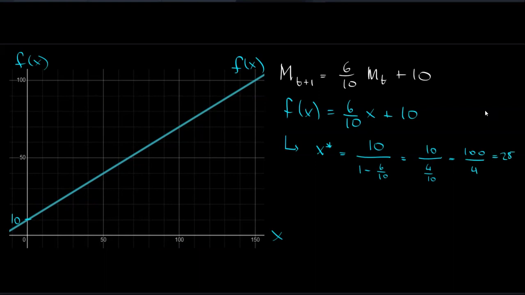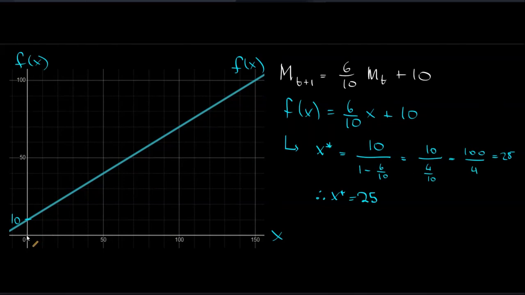So our equilibrium, based on an algebraic approach, is 25. That means if we put 25 into here, we should get 25 back. With that said, let's do it graphically.